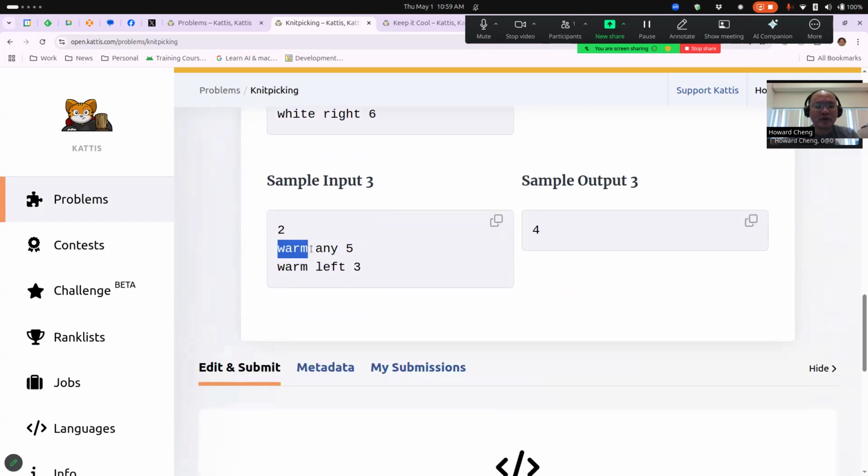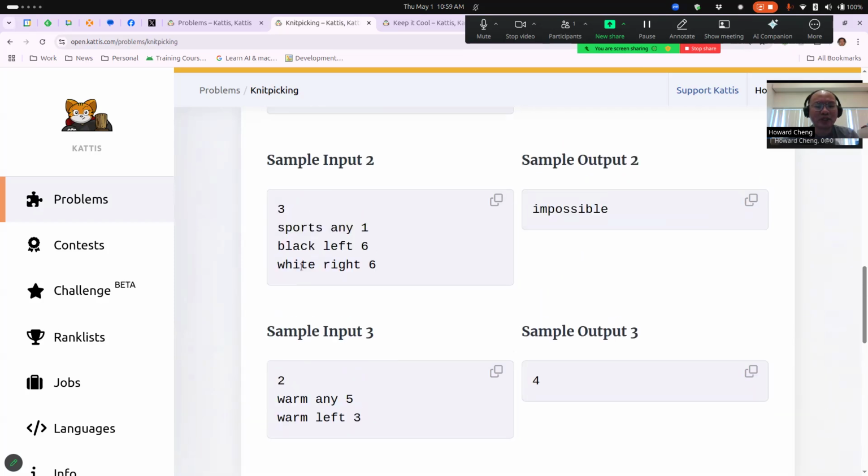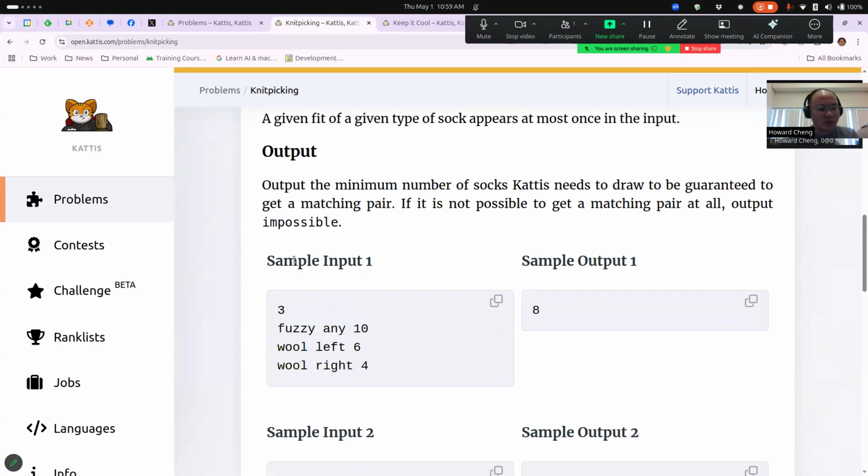For example, here, Annie, they have all the same type of socks. So what can match? 2 Annie can match. A left and an Annie can match, but 2 lefts cannot match. So what we actually want to do is to figure out what is the maximum number of socks you can pick and not have a match, and then add 1 more, if possible.